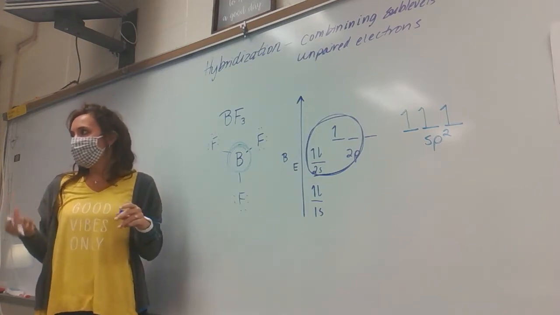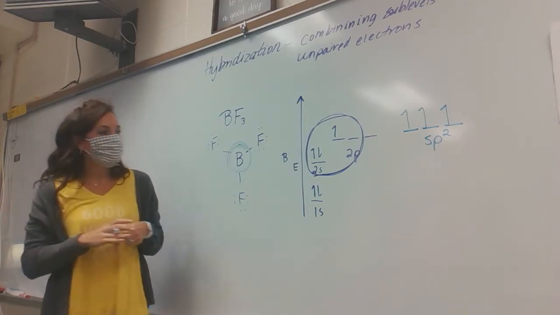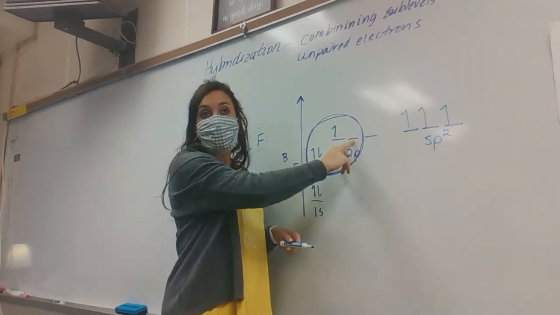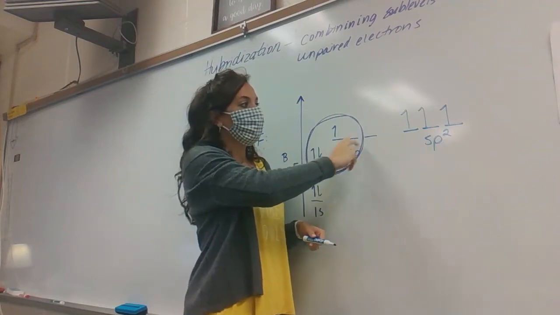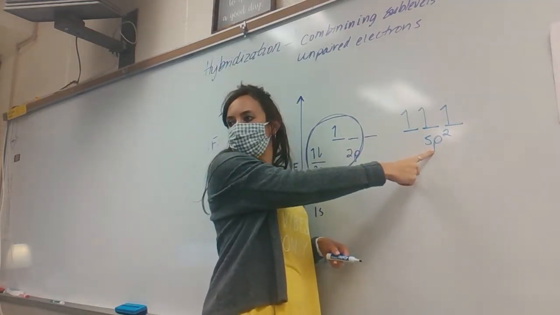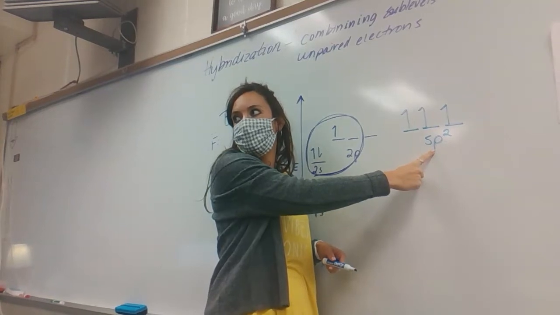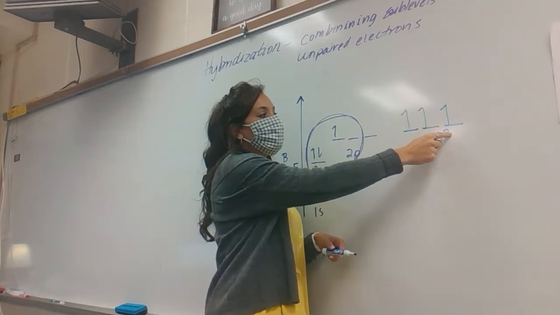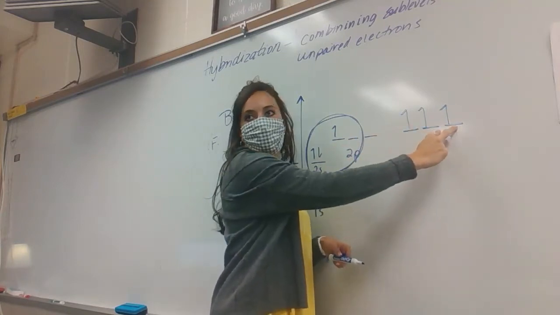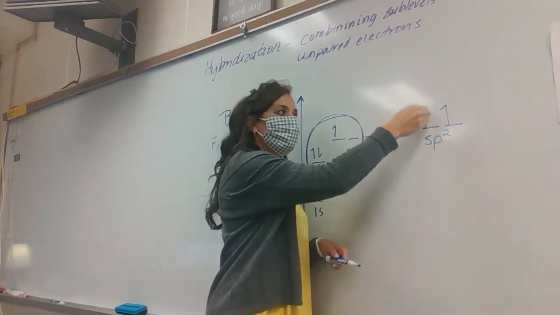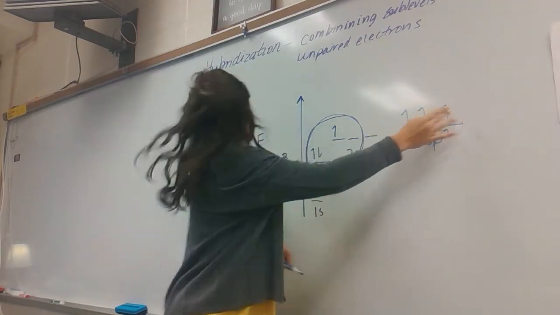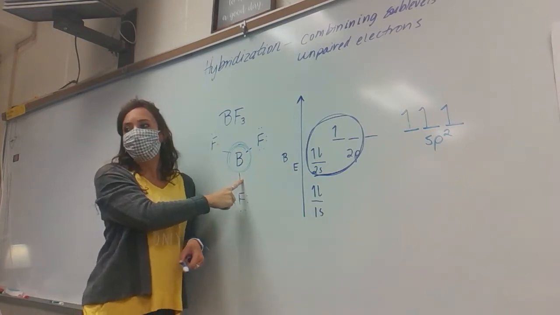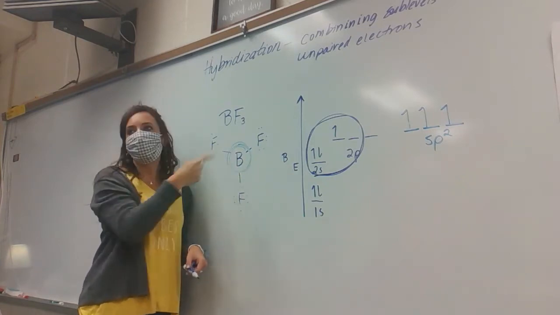That is hybridization, where this orbital and these 2 orbitals combine to make a brand new sublevel called an sp2 sublevel. And this is called sp2 hybridization. The s is because there's a single s, and it's p2 because 2 of the p's are here, to make 3 unpaired electrons that are available to make bonds. Without hybridization, boron could not bond 3 times.